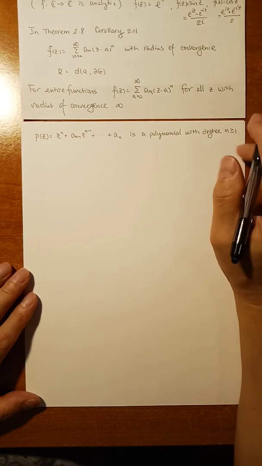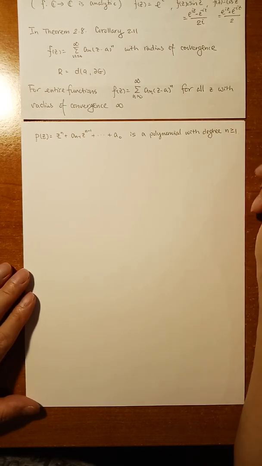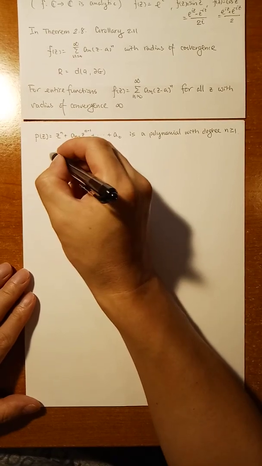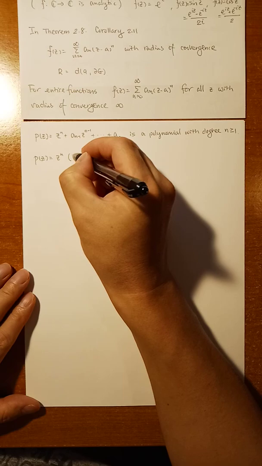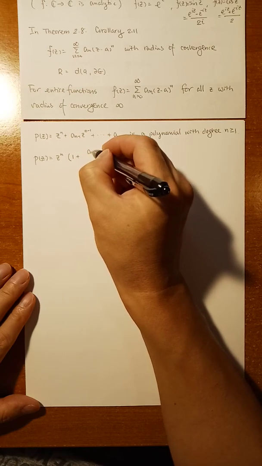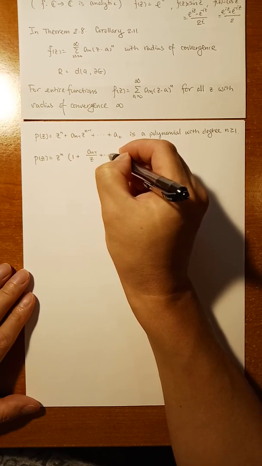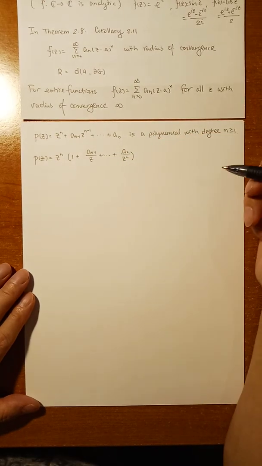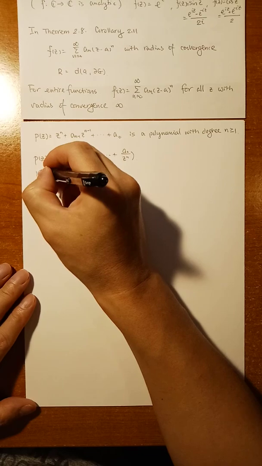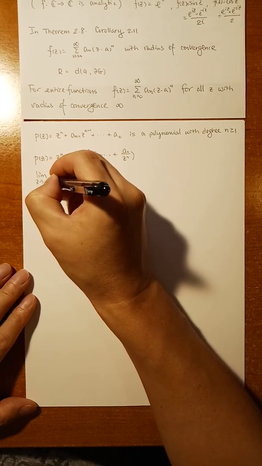It's really a polynomial, not a constant function. Then we factor out z to the n. So you will get 1 plus a n minus 1 over z, up to a0 over z to the n, like this, right? And then we calculate the limit at infinity.